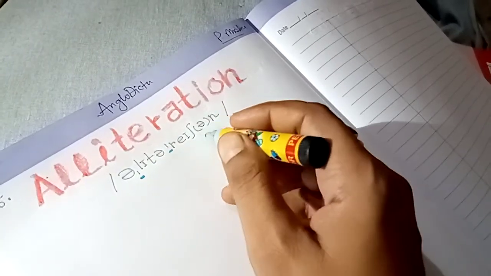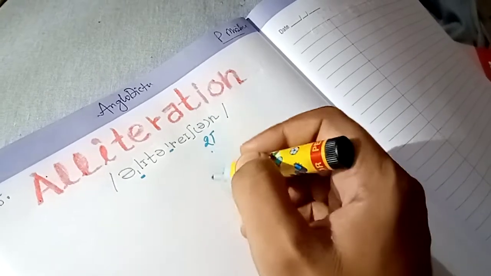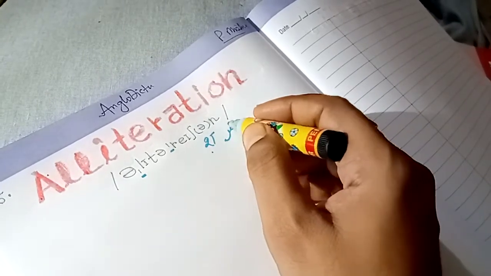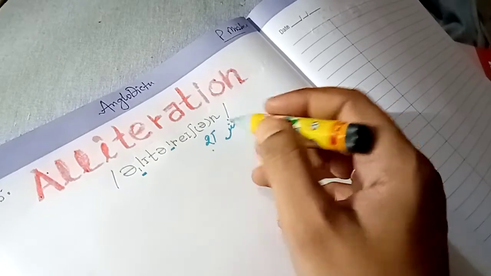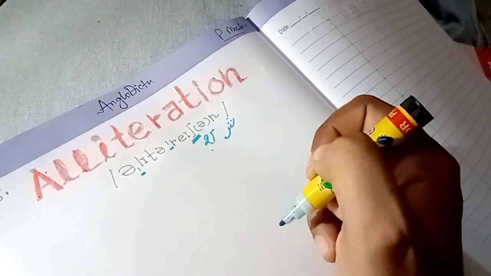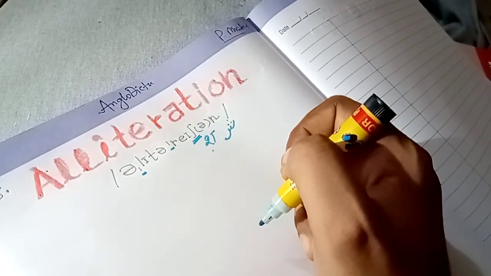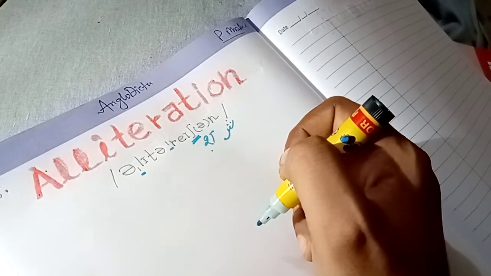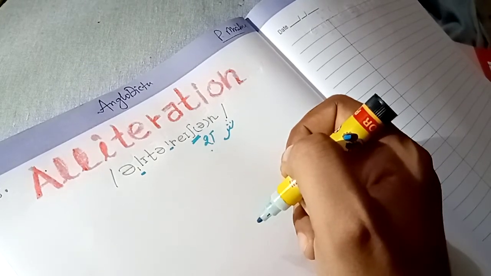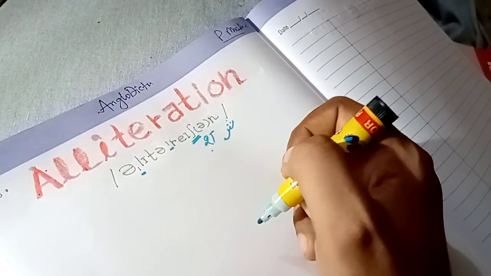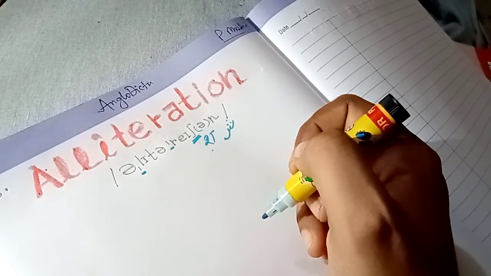Alliteration, and this sha is read like this, Hindi sha, or this badi shin, Urdu sha. Alliteration, alliteration. So practice it saying like that.